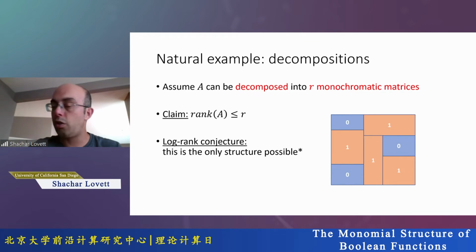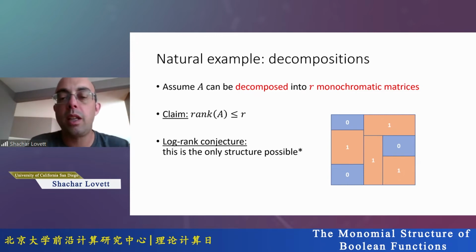The log rank conjecture really speculated, up to some quantitative losses, that this is really the only thing you can do. Meaning that if I give you a low-rank Boolean matrix, the only way to generate them is to find an efficient way of partitioning your matrix into a small number of submatrices that are monochromatic, meaning every submatrix is either all 0 or all 1.